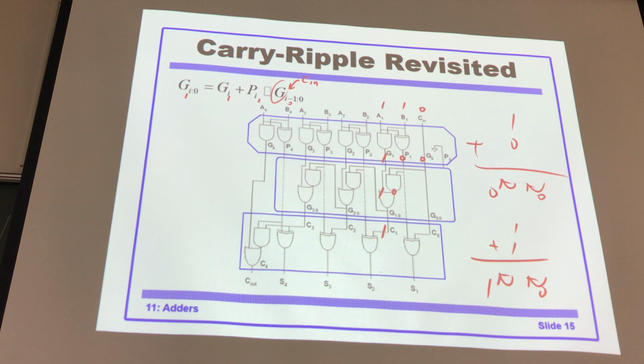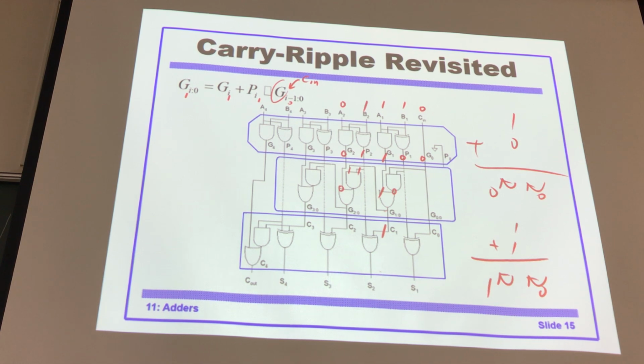Okay, another position, for example, 0, 1. There's no carry generate, but there's a carry propagate. Here, both are 1 here. Your carry out is here, which is 1.